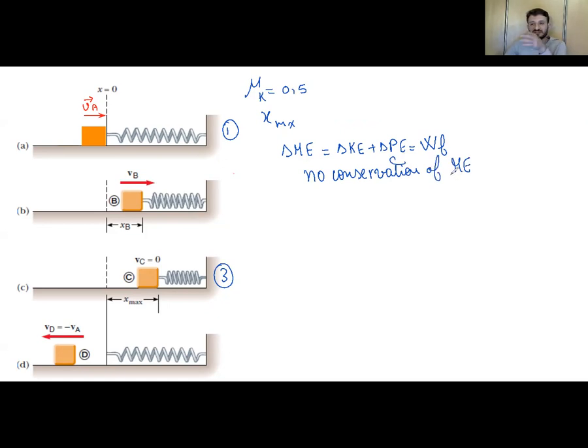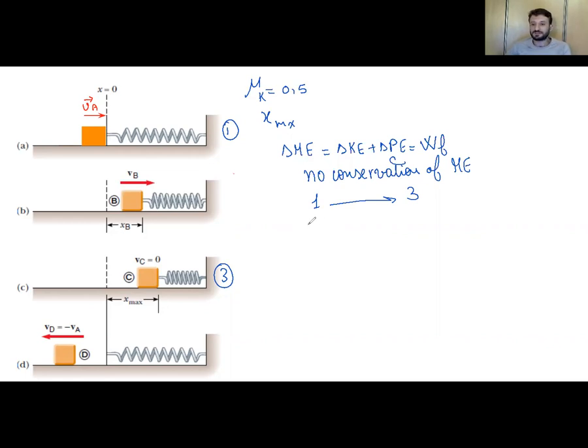We have to use this relation, and we have to specify between which states we are working: state 1, just before the collision, and the final state, state 3.